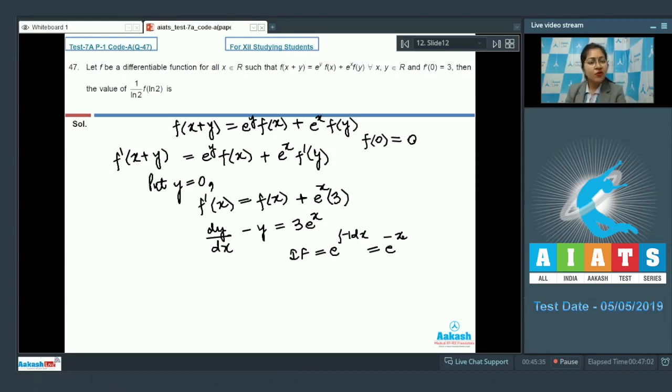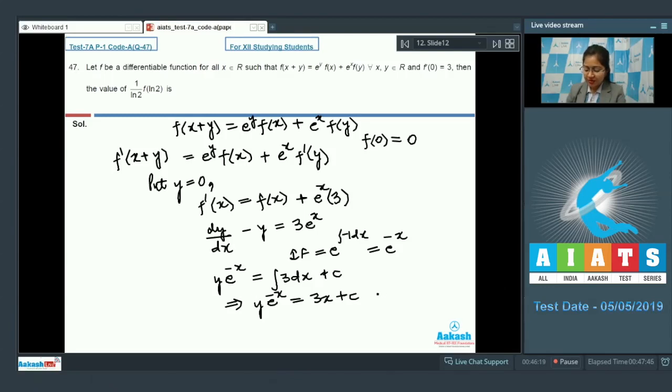So the solution of this differential equation is y times the integrating factor, that is e raised to the power minus x, is equal to 3 into e raised to the power x multiplied with e raised to the power minus x. So we have to do the integral of 3 dx plus constant. So we will get y into e raised to the power minus x equal to 3x plus constant. So putting x equal to 0, we will get y as 0.